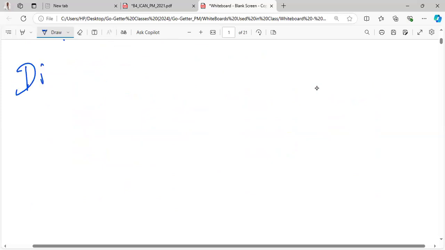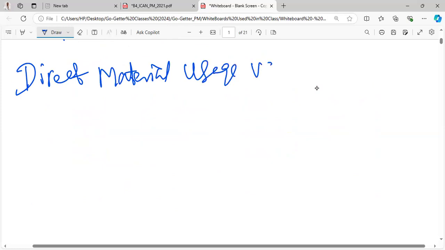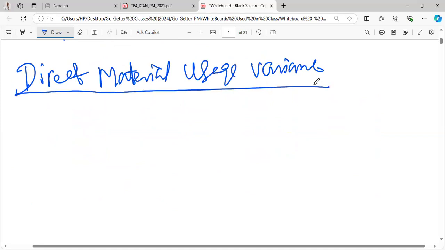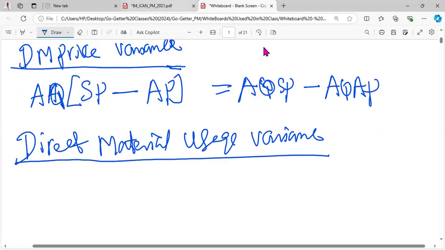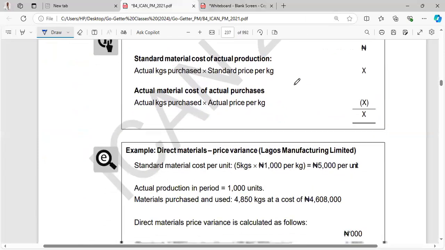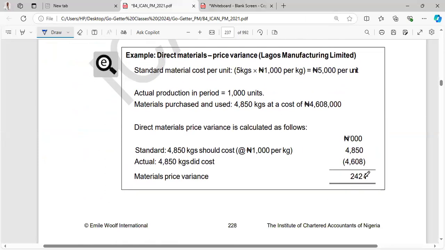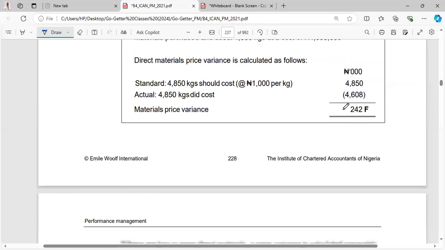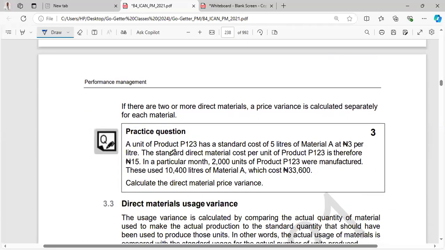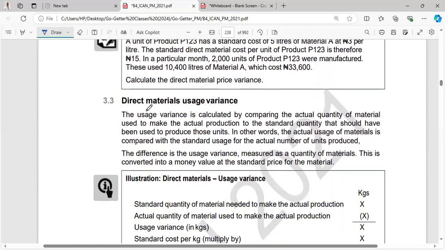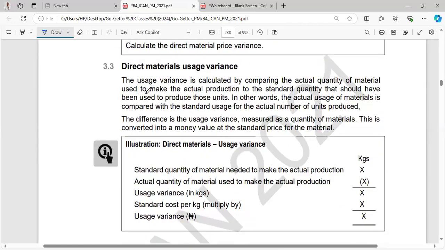the next one will be direct material usage variance. So we'll come now to direct material. Okay, so the same thing we did, we get 242. All right, so we'll come to this again. Direct material usage variance.